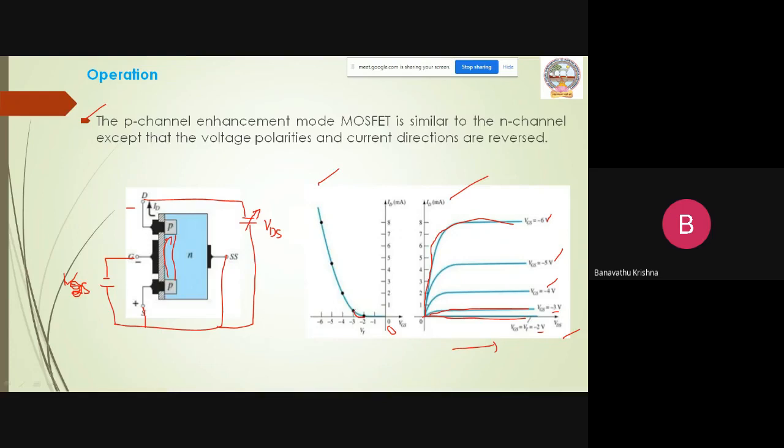When VGS goes beyond this 2 volts, that is minus 3 volts, minus 4 volts, minus 5, minus 6 and so on, the current will increase because the channel is more fully available in between source and drain.